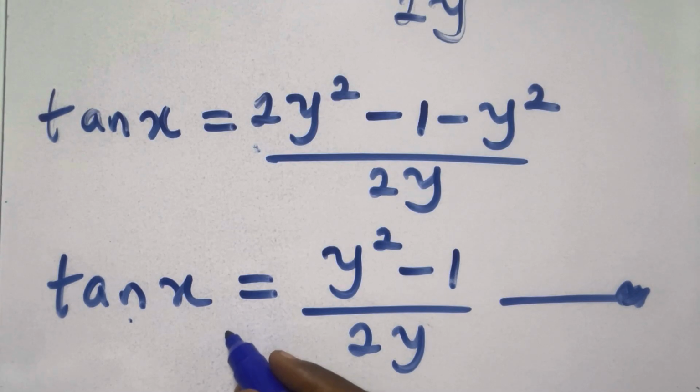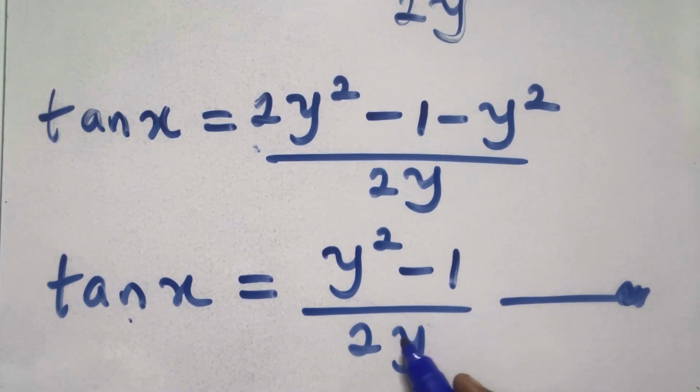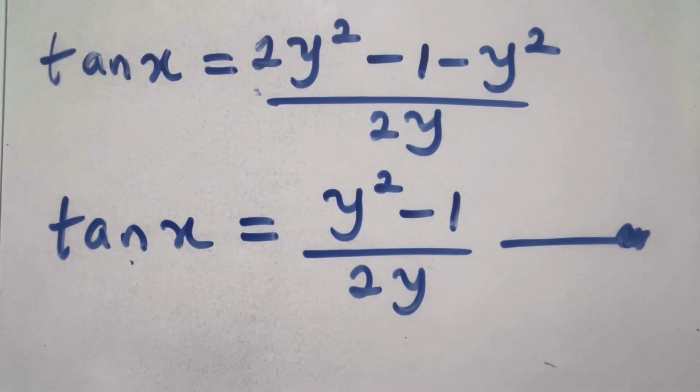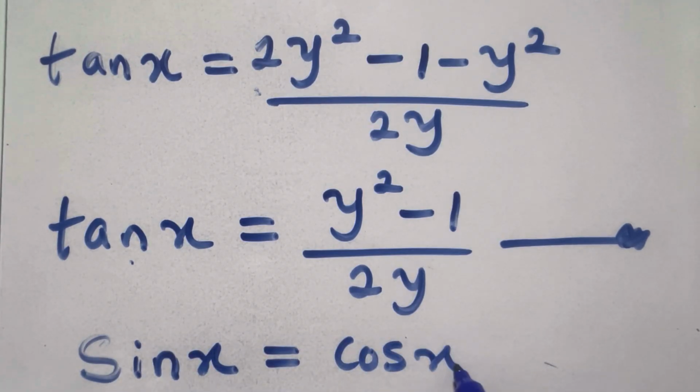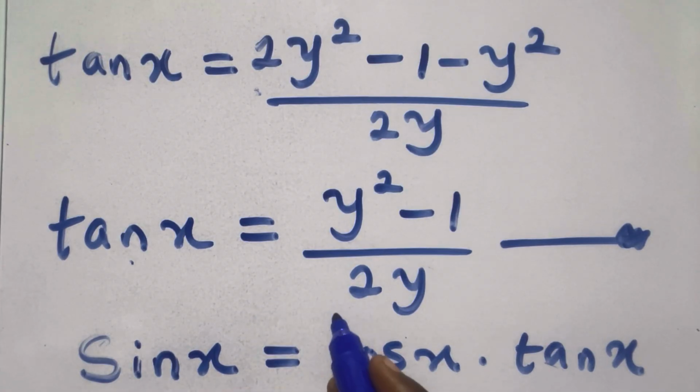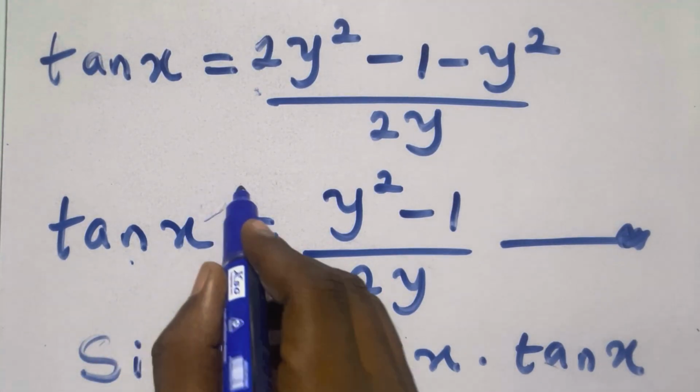Do you understand? So what is left now is to find sin x, and to do that, let's recall that sin x equals cos x multiplied by tan x, right? I hope you understand the reason why we are doing this. Because in our original equation, we have f of tan x plus sec x, and that's why I said we've gotten our tan x here.